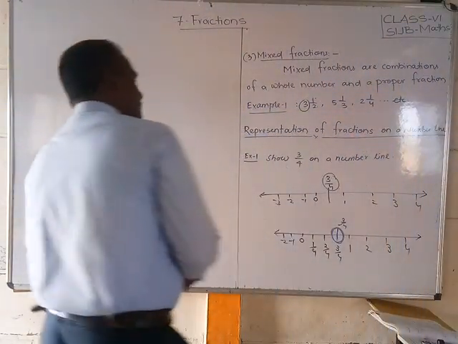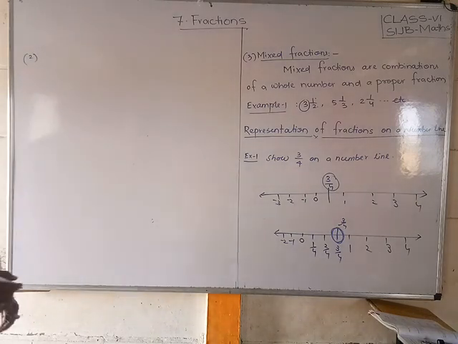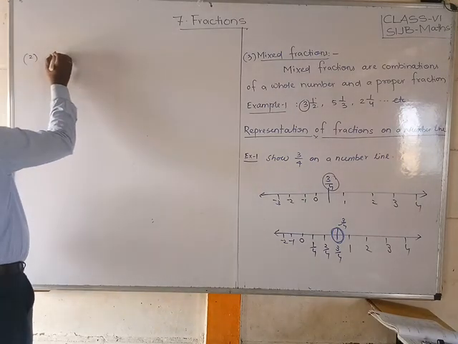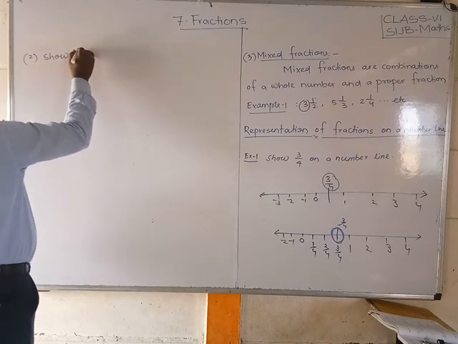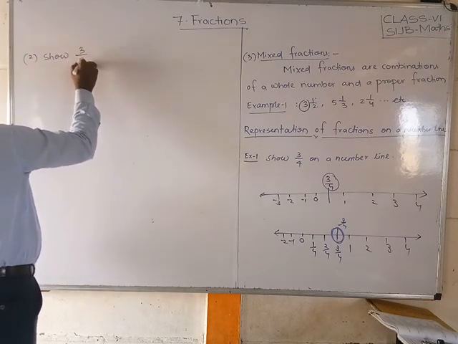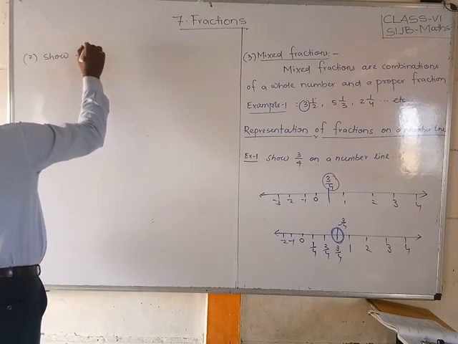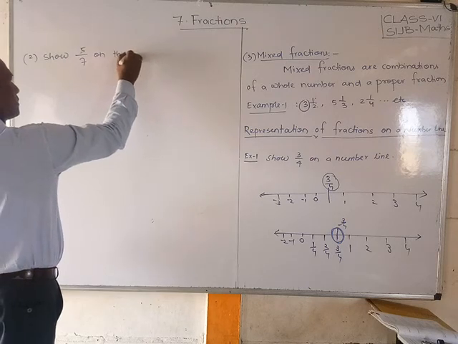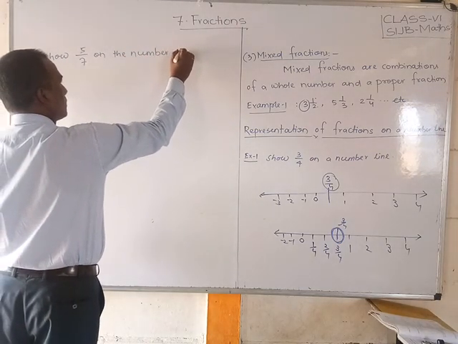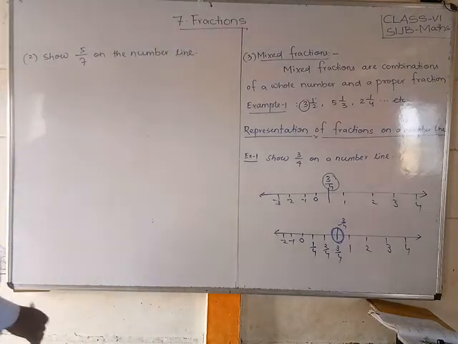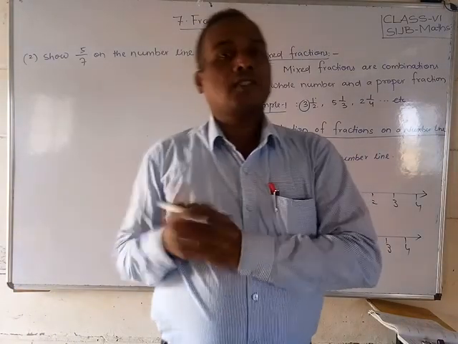Okay students, now we will see one more thing. Suppose we have 3 by 7 or 5 by 7 on the number line. How will you show 5 by 7 on the number line? First of all, you should get an idea what type of fraction this is.